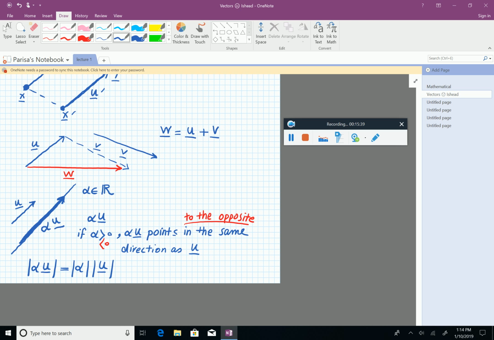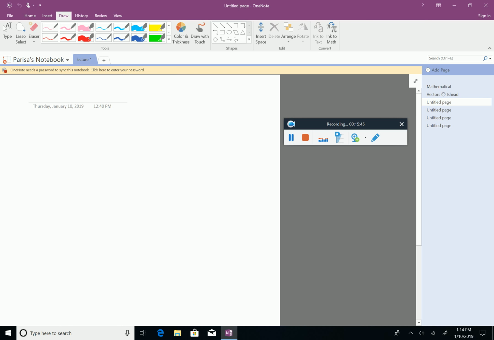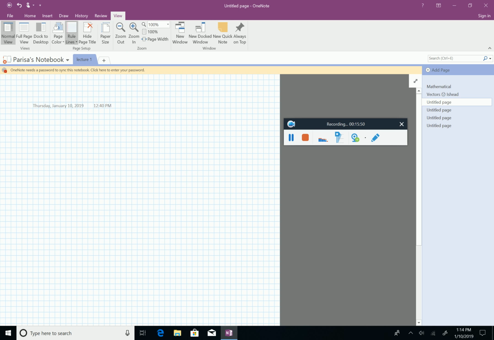So this brings us to the definition of vector space. So we learned about point space. Vector space is a collection of vectors in the Euclidean space. So we write it like this.